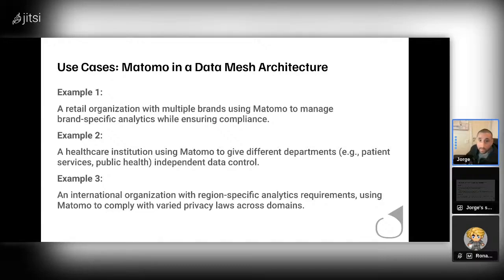And what about if the organization has a central data analytics team? Then they would have to do roll-ups or integrate Matomo to a third-party tool, or use a data lake of some sort. And wouldn't that defeat the purpose of data mesh?